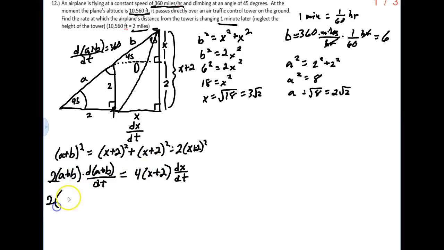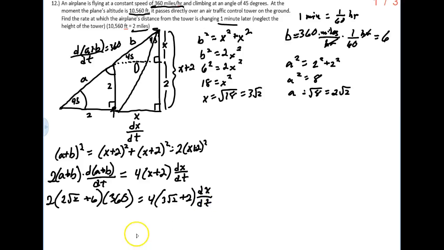All right, so now, in this problem, we plug in our known quantities. So 2 times (2 root 2 plus b, which is 6), times the derivative of (a + b) with respect to t, which we said earlier was 360, equals 4 times (x + 2). So x, we figured out here, was 3 root 2, plus 2, times dx/dt.